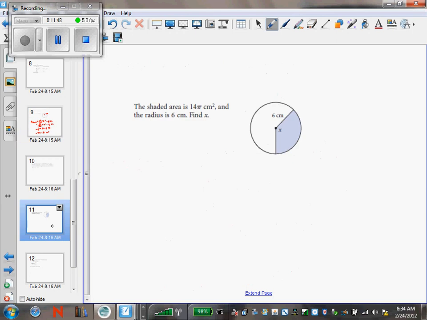The next example is another area of a sector. This time we're given that the area is 14 pi. So I am going to say 14 pi equals A over 360 times pi r squared.